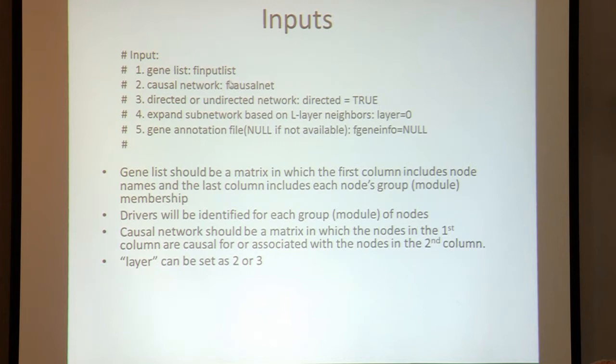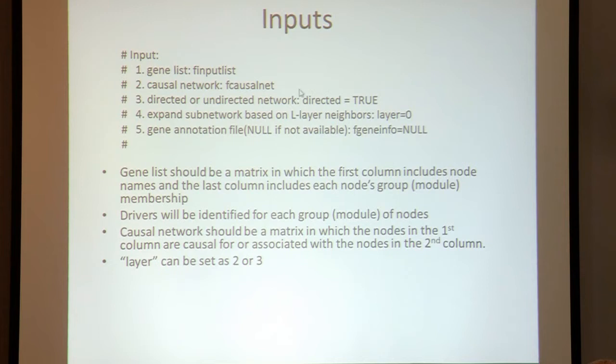It is just like the output of WGCNA, with the probes and the module membership. I just require that the first column is the node name and the last column is the membership name.